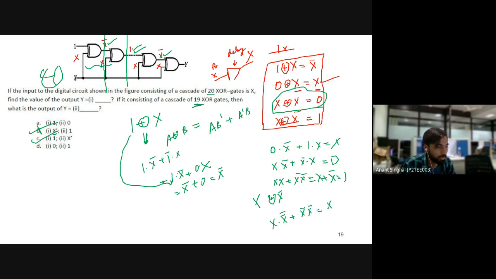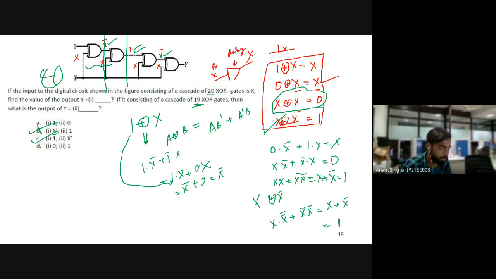We know x into x is x, and x bar into x will be again x bar. And we know x plus x bar will always be 1. So this one you are asking, Adarsh. Is it clear? X XOR x bar is not x bar. X XOR x bar is 1.